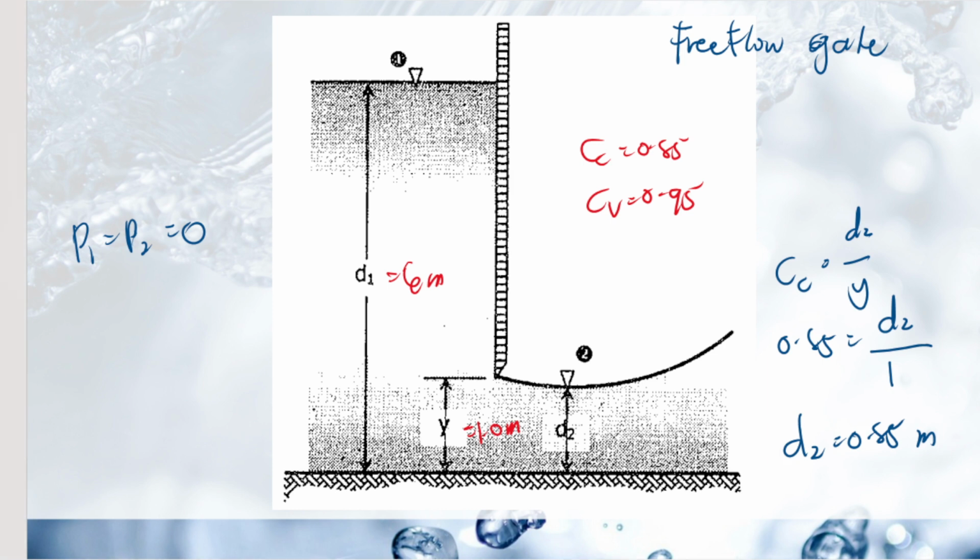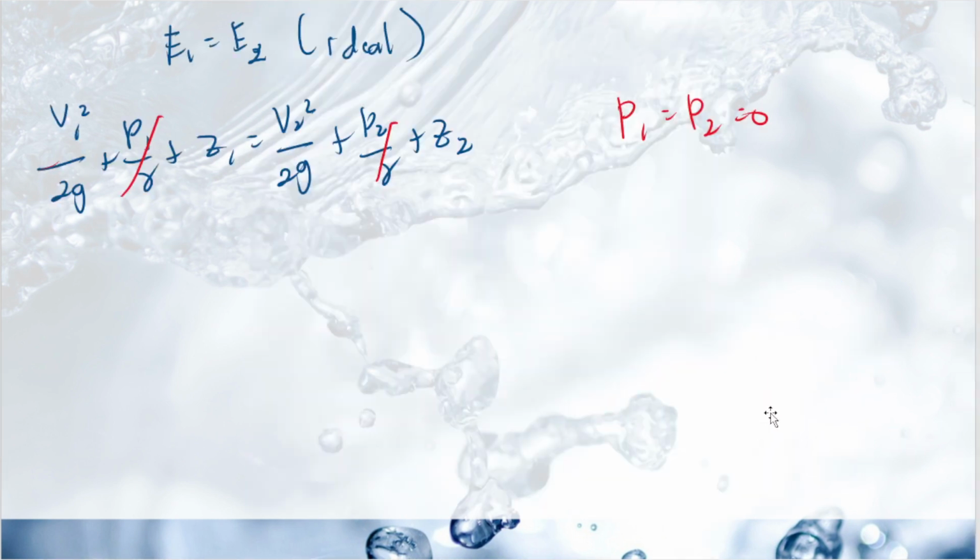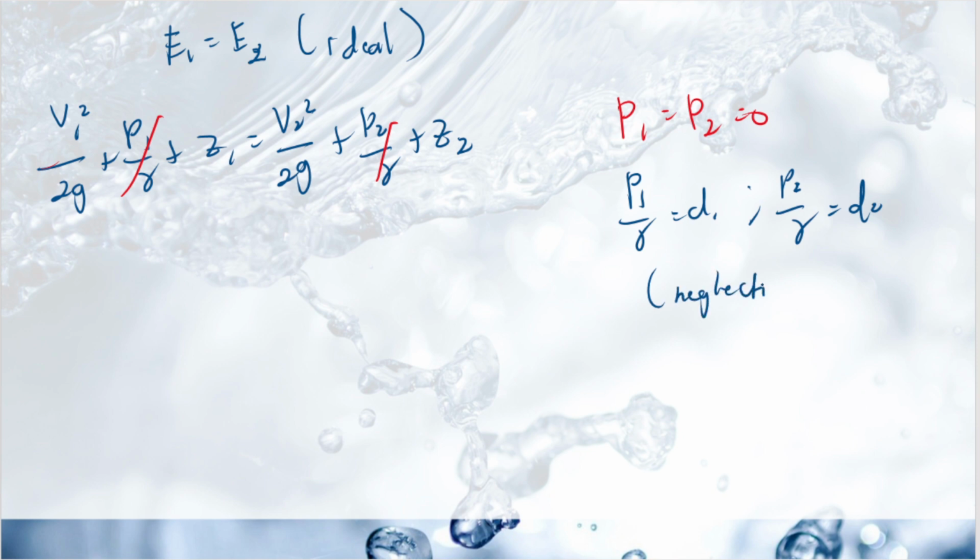So we go back to this: P sub 1 over gamma is d sub 1 and P sub 2 over gamma is d sub 2. Why? Because we are neglecting friction losses or head loss. So what we cancel instead are these two, since they form the head loss.